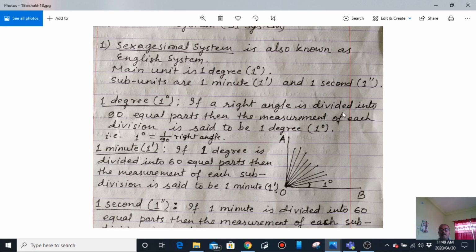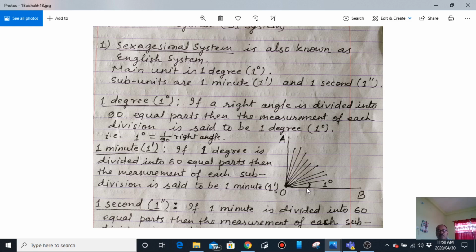If a right angle is divided into 90 equal parts, mind it, this is the right angle, and this is how to divide an angle. In such a way, if you divide a right angle into 90 equal parts, then see how small the divisions are, 90 divisions will be there. So each division is said to be 1 degree.